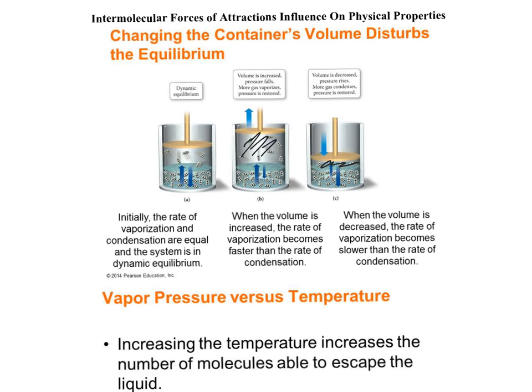So when I dilute and make the volume bigger, the rate of condensation is smaller until dynamic equilibrium is reached. If I shrink the volume, the rate of condensation increases until, again, the vapor pressure is established and both hit dynamic equilibrium again.